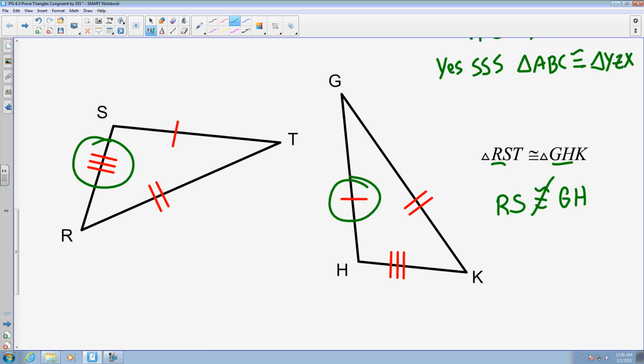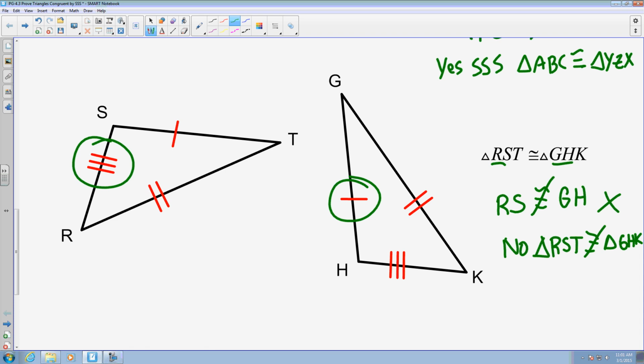So just by that one statement, I say, nope, it's not true. Just because I looked at one, I can say no, triangle RST is not congruent to triangle GHK, okay? So you only have to show one that's not true in order to show that it's not true. But if it is true, you have to go through the whole entire process, all right?